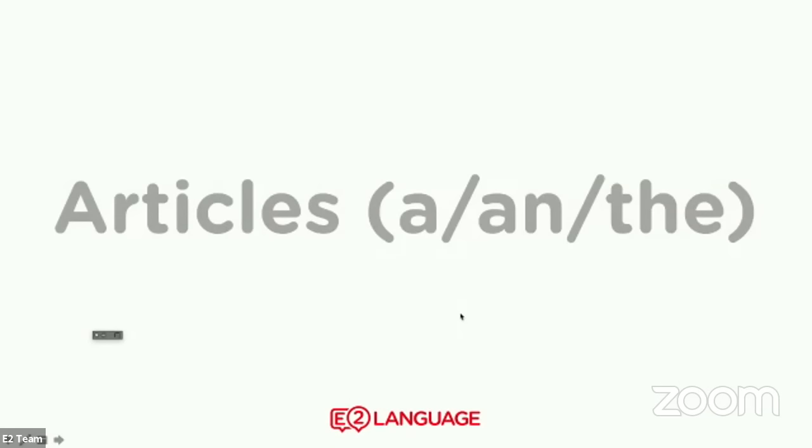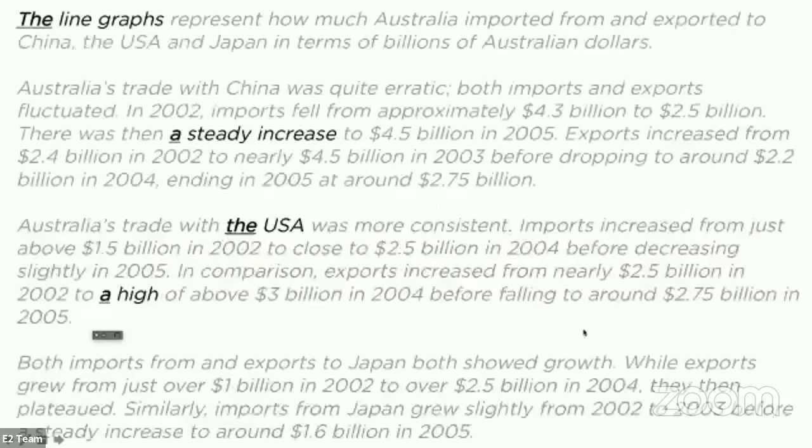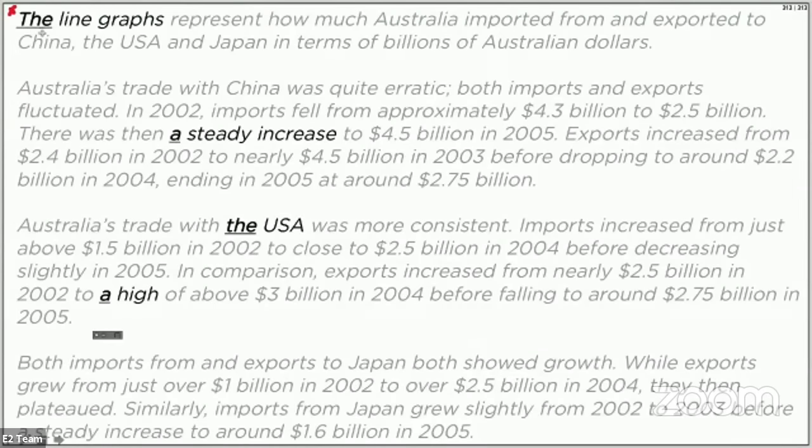This is related to subjects. And this is one that, well, a lot of people get wrong. And this is articles. But the good thing to know about articles in academic writing task 1, well, for my one, there were very few. I have up here, I have the line graphs, because we're referring to specific line graphs, those 3 line graphs, the line graphs, and we're referring to more than one.